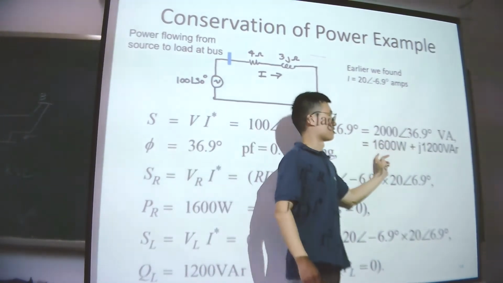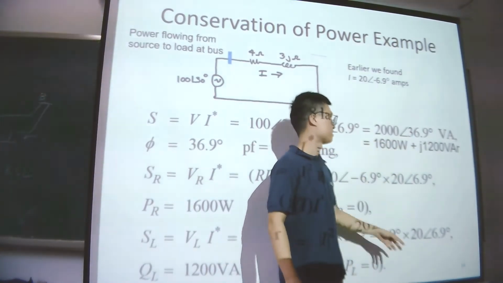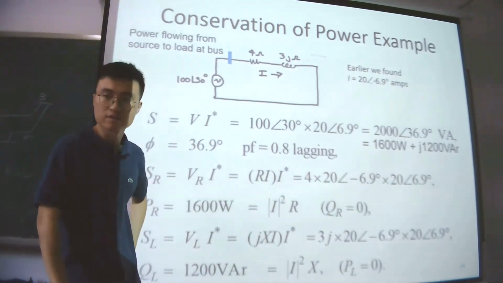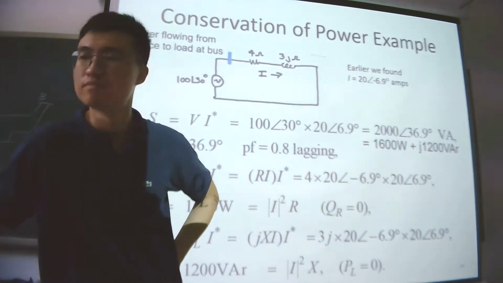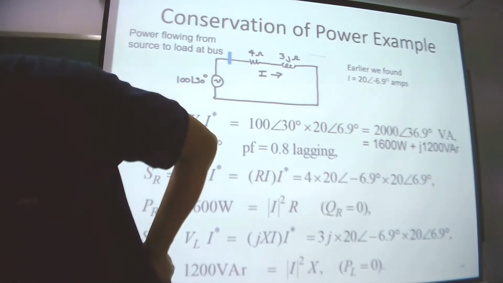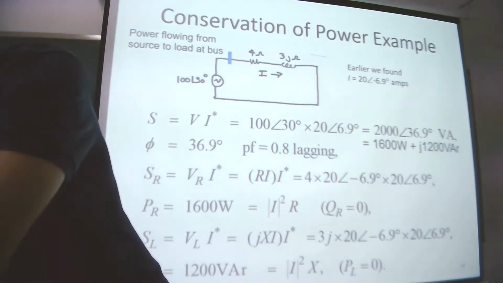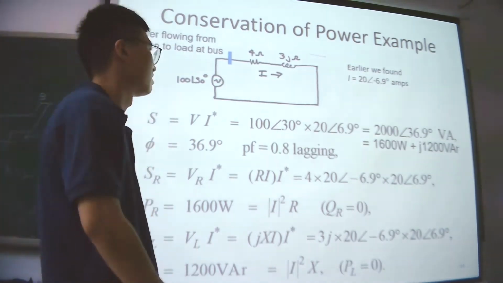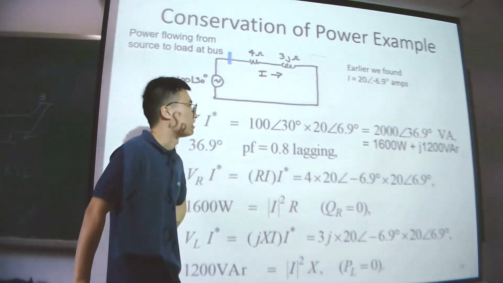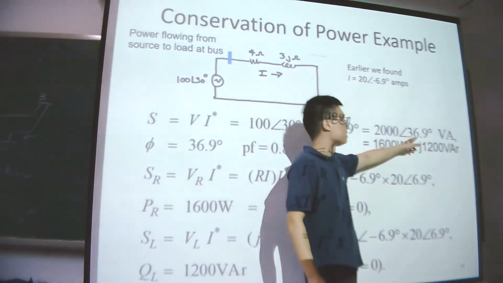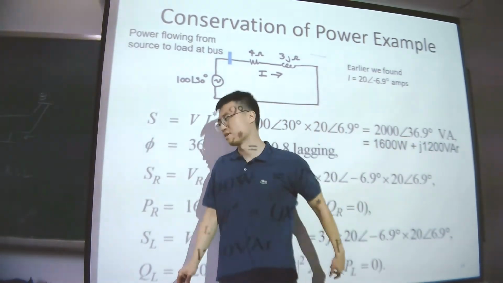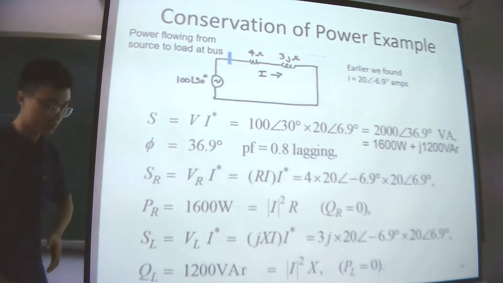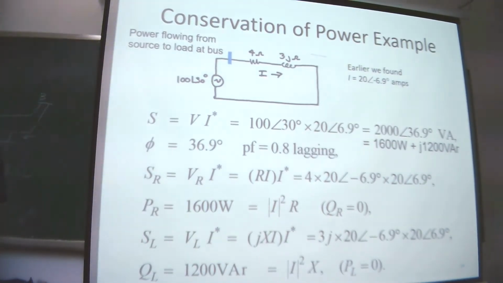You can use your calculator to convert it to the real part and imaginary part. Let's calculate. The real part and the imaginary part, I think it's approximately 1600, because actually the angle should be 37 degrees. I got the result, so 2000 and 1600.